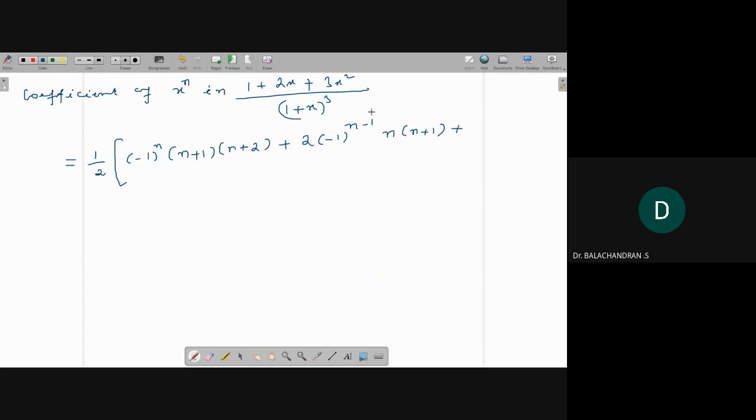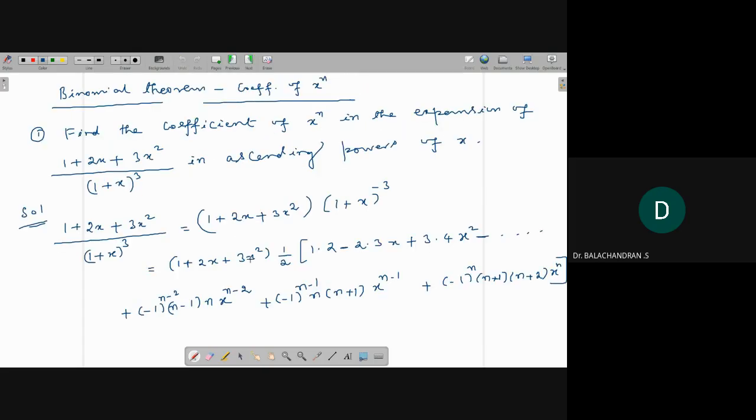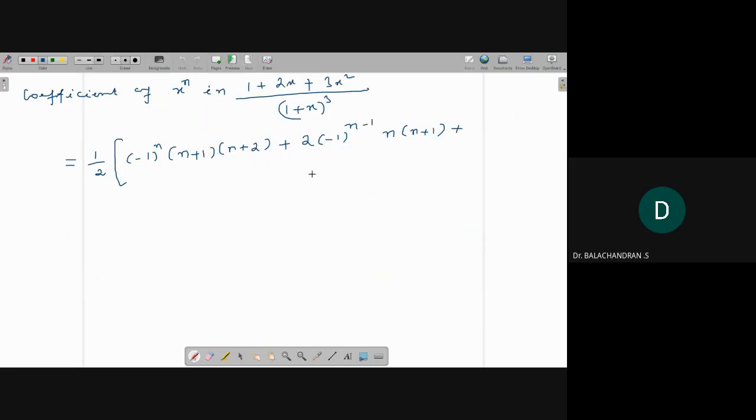And then 3 into minus 1 whole power n minus 2 into n minus 1 into n. Okay.